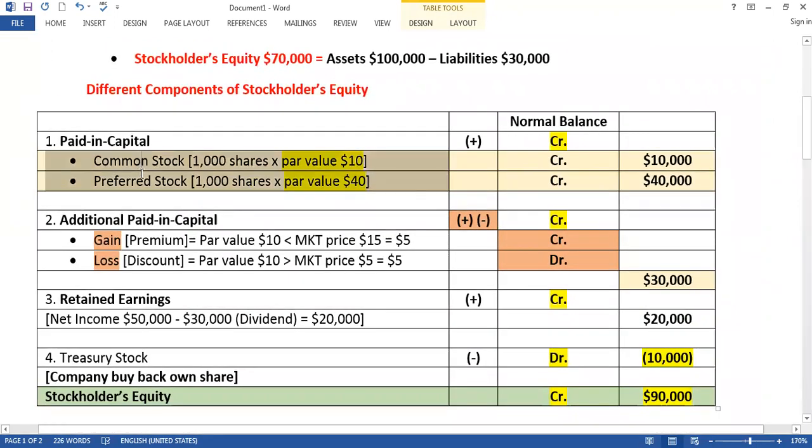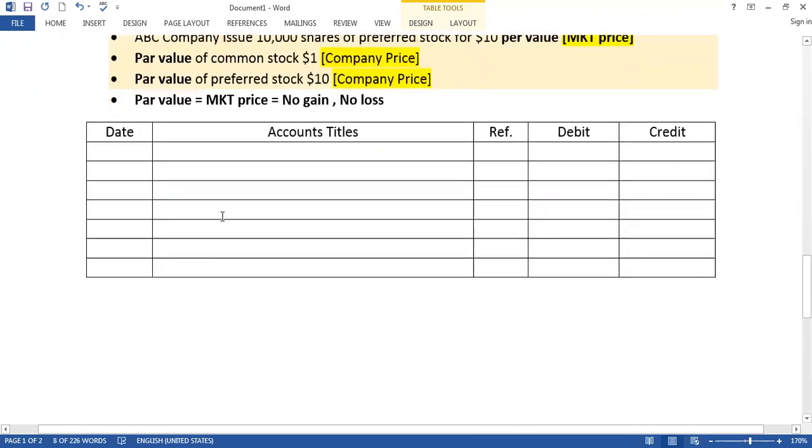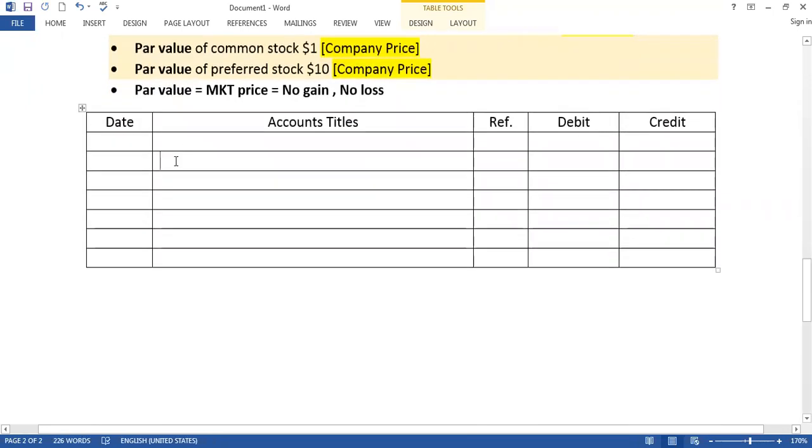Paid-in capital is credit, so common stock is also credit, and common stock always follows which price? The company rate, right? So common stock is credit.